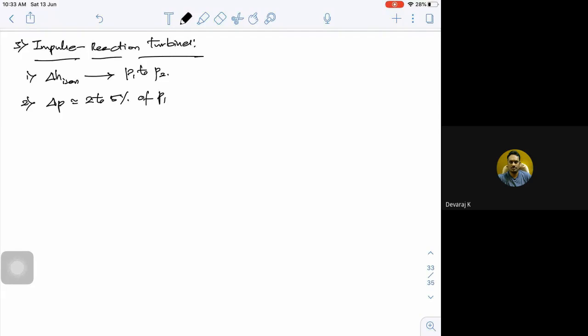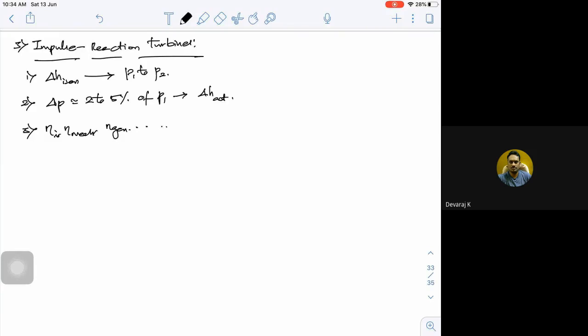So this will lead to what is called the actual heat drop, delta H actual. The third step, you take your internal efficiency, your mechanical efficiency, your generator efficiency, all the things are obtained. The same thing as we did for your impulse turbine.